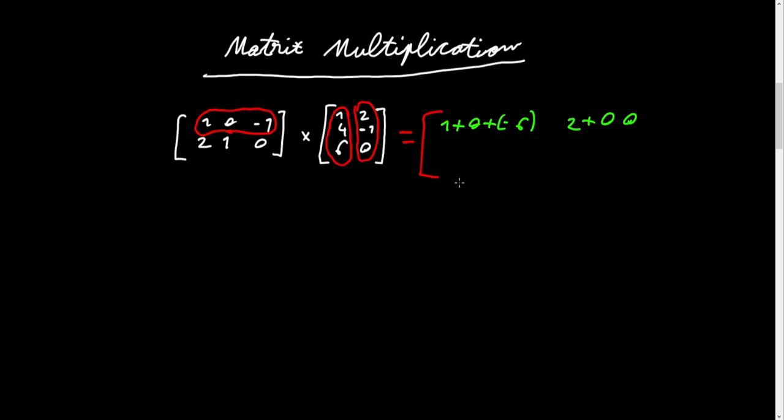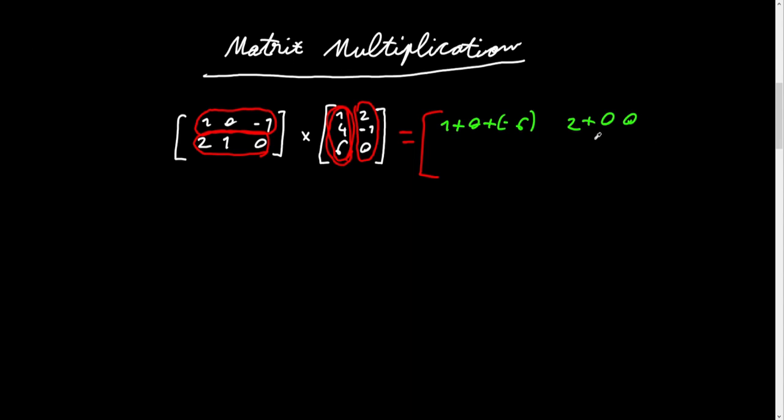Alright, now we want to get the second row, so let me change back again. We're going to multiply now this row by this column. So how are we going to do it?